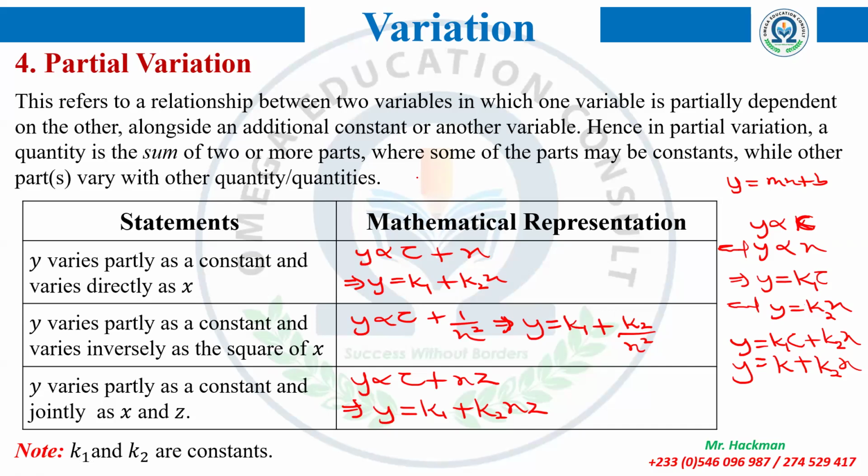Before we move on to the next page, let me see. If you have this, y is equal to, let's say, 2x plus maybe 3z, how would you state this in the variation statement form? The form that you have in this form before you can write it this way. Who wants to try?